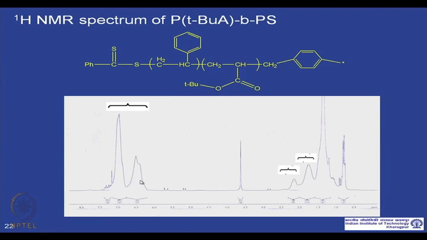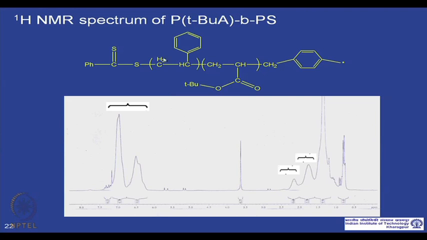You can assume that all the aromatic proton peaks are from these 5 styrenic protons, whereas these particular peaks are from the 3 hydrogens of the tertiary butyl acrylate moiety.